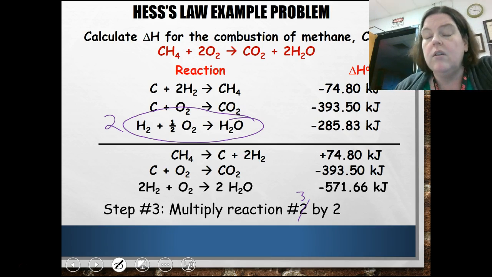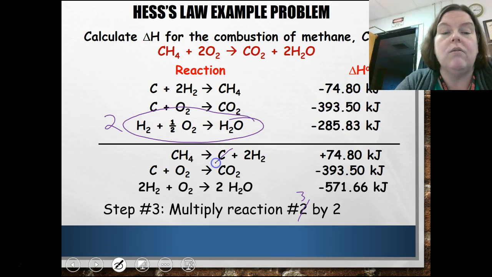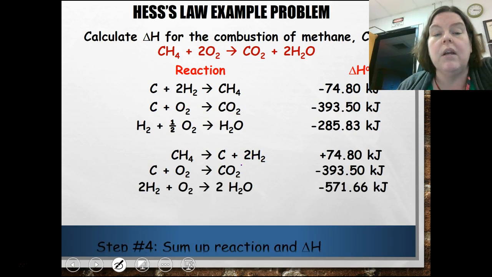All right? So now I go through and make sure that everything cancels out that's supposed to cancel out, because I just need what I need. So I can see C is going away, H2 is going away, leaving me with CH4 plus 2O2 going to CO2 plus 2H2O. So we see that we have the right equation.